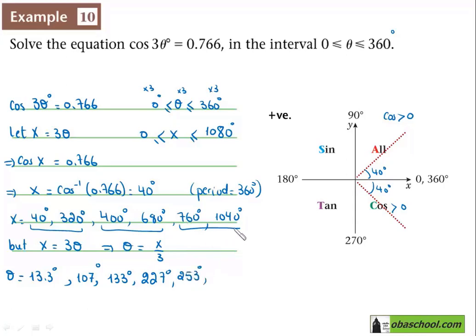And finally, 1040 divided by 3 is 347 degrees. All these angles satisfy the condition that theta is between 0 and 360 degrees.